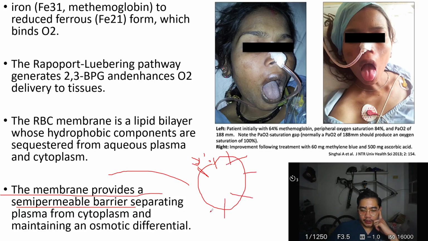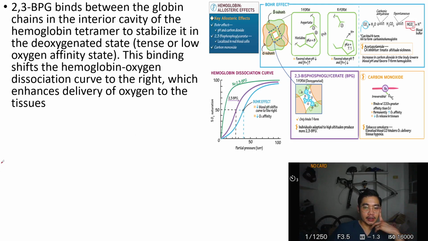But water, since it's small, can freely go in and out of the RBC membrane. Proteins, because they're large, can't go in, especially lipids, no? So that's what semi-permeable means. It's selective in what it lets in. It's a semi-permeable selective membrane.